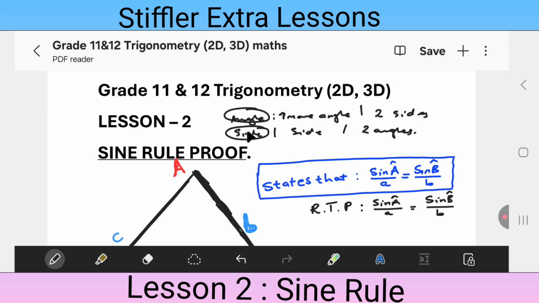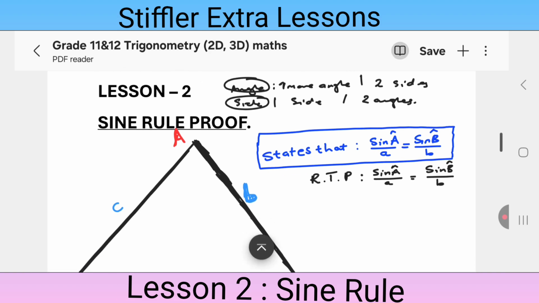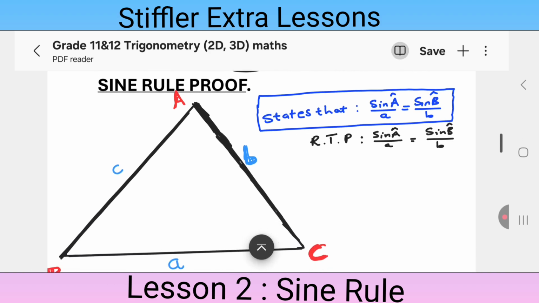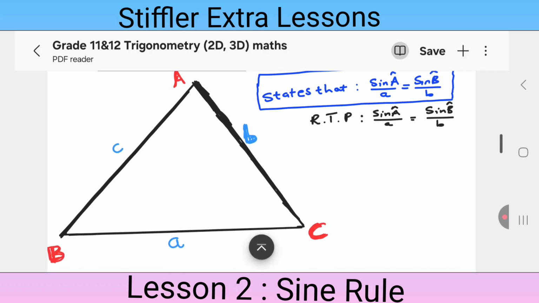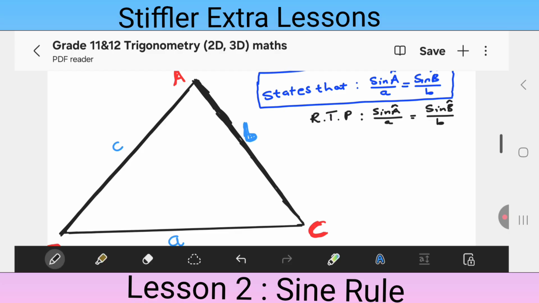So how do you prove the sine rule now? Proving the sine rule is simple. As I already stated, in these sessions we are going to deal with triangles that are not right-angled triangles. So in this session we are trying to prove that the sine of angle A over side a, we already explained these sides.